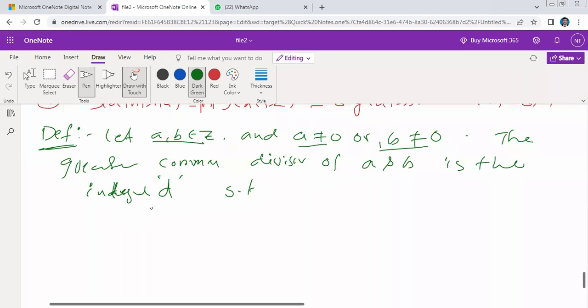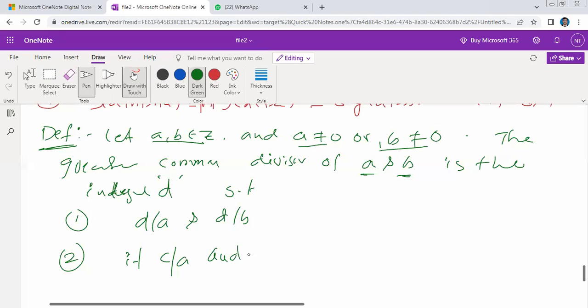Then the greatest common divisor of a and b is an integer d such that, first condition, d divides a and d divides b. The greatest common divisor must divide both, because we call it the greatest common divisor, so it must divide a and divide b. Second, if we take another number c such that c divides a and c divides b, then the relation between c and d is that c also divides d.